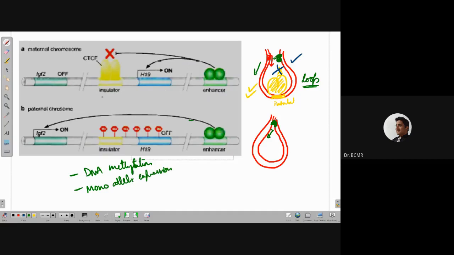If you notice, from the maternal chromosome, you have H19 produced, but IGF2 off. I wanted to describe just the monoallelic expression. There are two copies of H19.